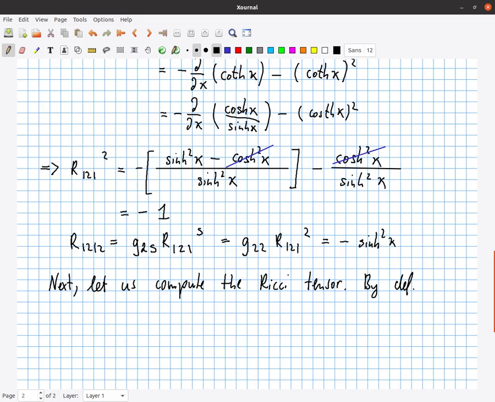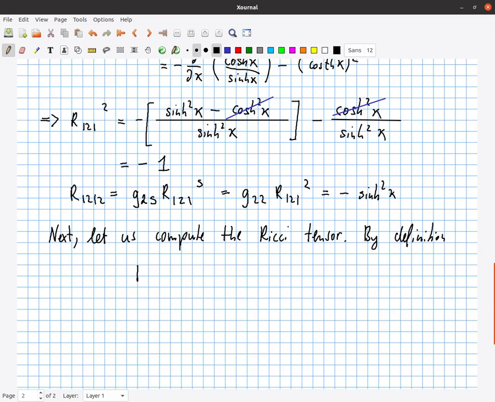By definition, the Ricci tensor is R_AB, and I want to use the 2-4 conventions, A, S, B, S. And we know that in 2 dimensions, we have 3 independent components, R11, R12, which is the same as R21, and R22. So those are the 3 components we are potentially interested in.